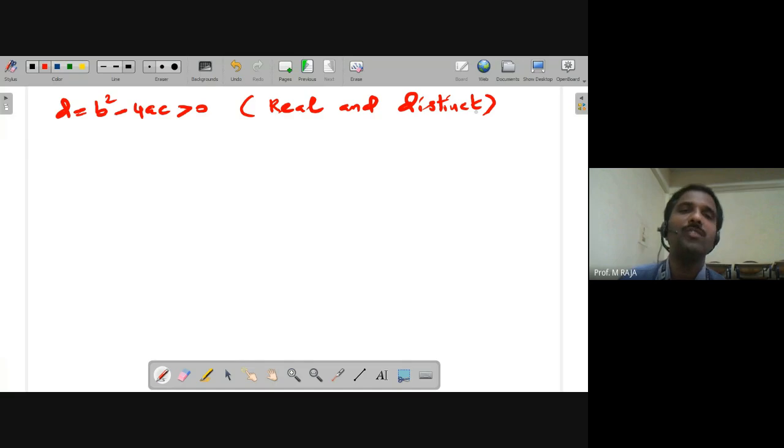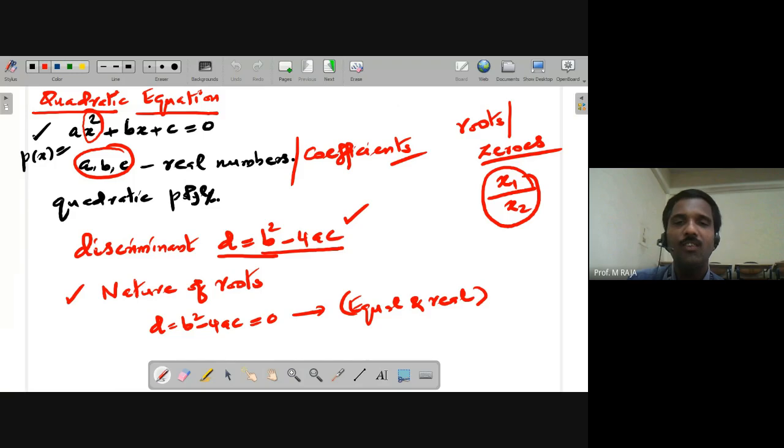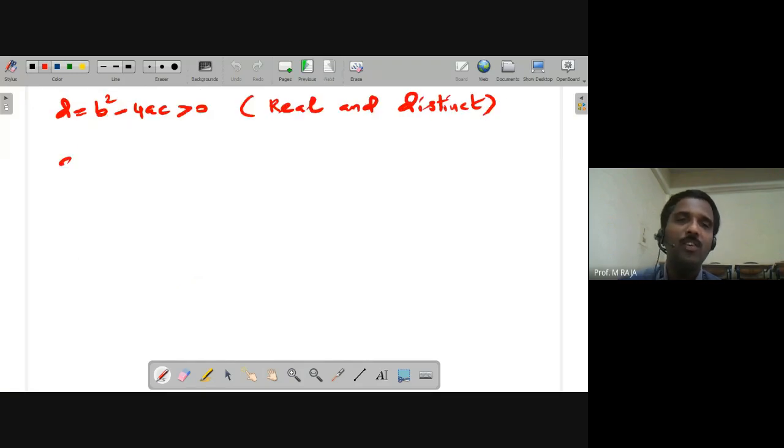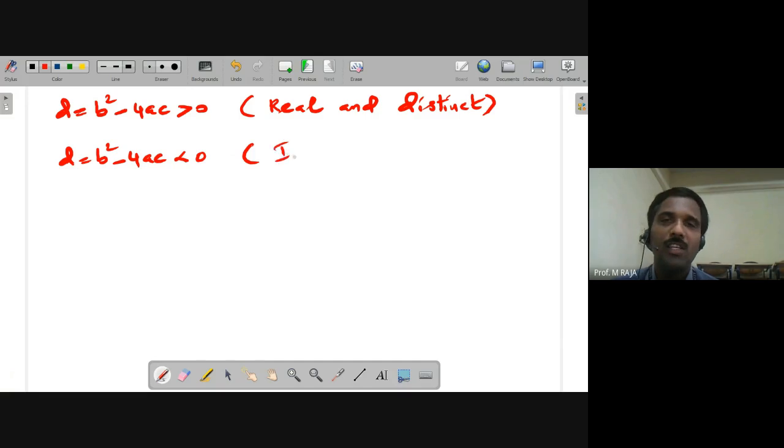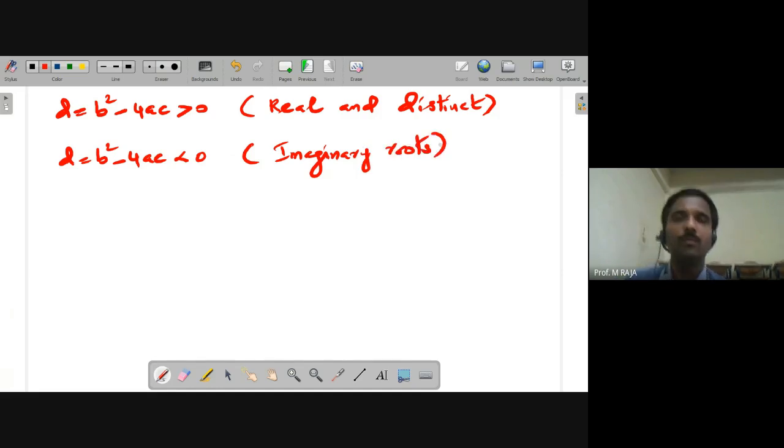Distinct, two different real roots, when the condition b square minus 4ac is greater than 0. When d is less than 0, the nature of the roots is imaginary, say x1 and x2.